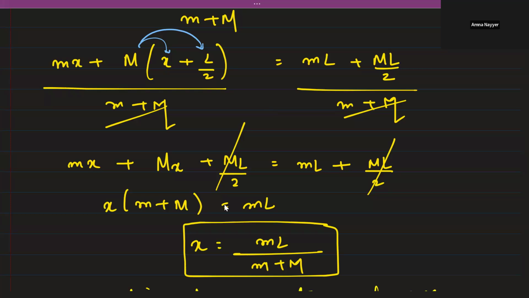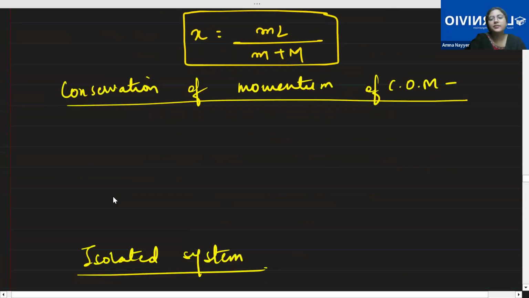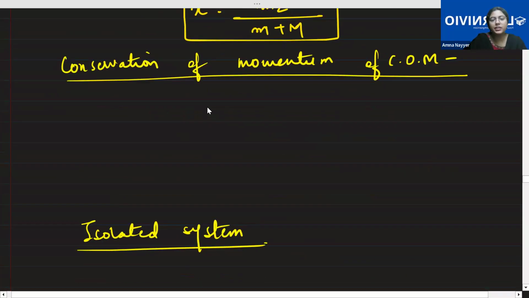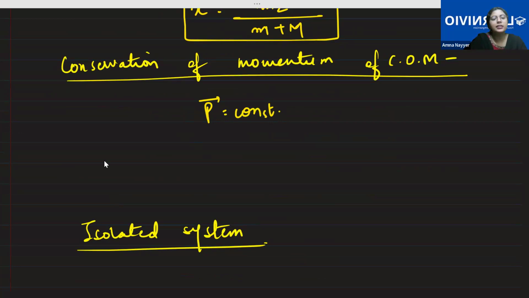Okay, see, next is conservation of the momentum of center of mass. So when we say the net momentum will be constant, it means the momentum of the center of mass will be equal to the individual momentums P1 plus P2 plus P3 up till Pn.